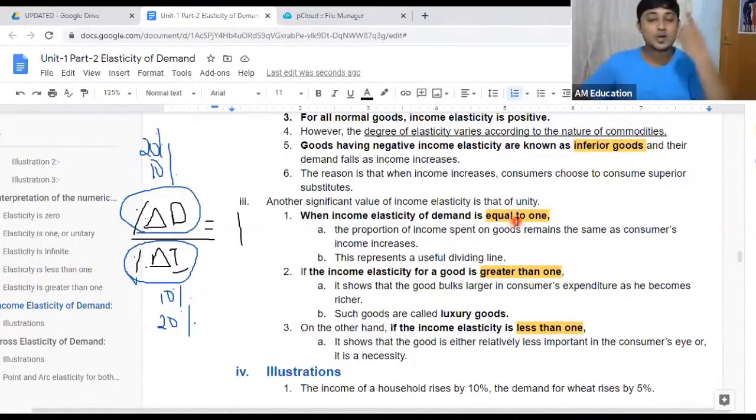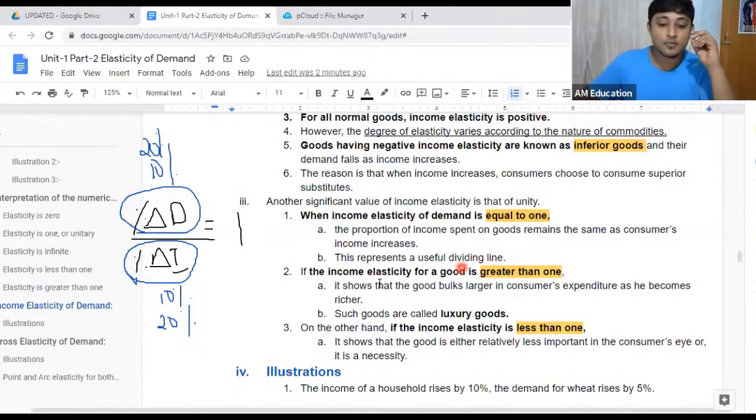When you do the formula and you get the answer as 1, it means that the proportion of income spent on the good remains the same.